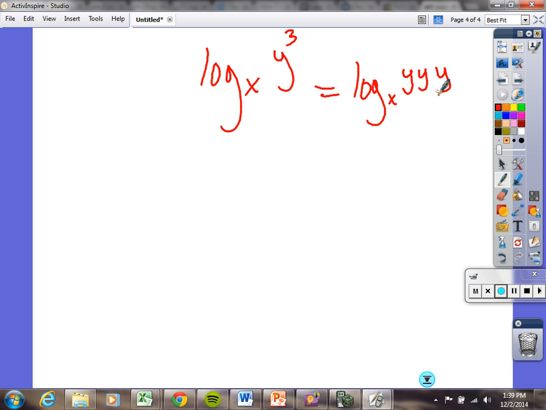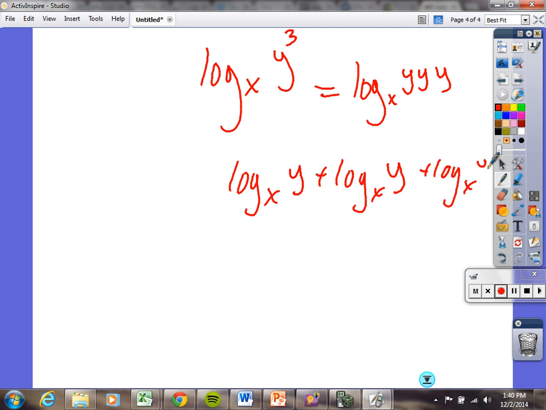When we see multiplication, how could I write that again? So I could write that as log of x of y plus log of x of y, because everything I have times in here I can split apart with plus signs, right? Plus log of x of y. That's just the rule. It's basically undoing the log cabin idea, right?